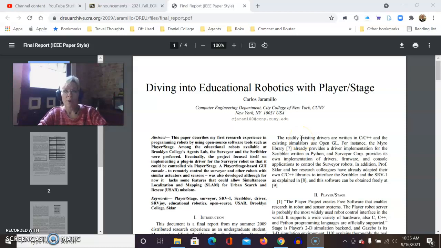Now, I want to start out with a caveat, and that is, of course, that IEEE is used by multiple different engineering types. We have electrical, we have robotics, we have computer. And some of you, again, will go into your career and find that your particular employer likes APA or some other format too.